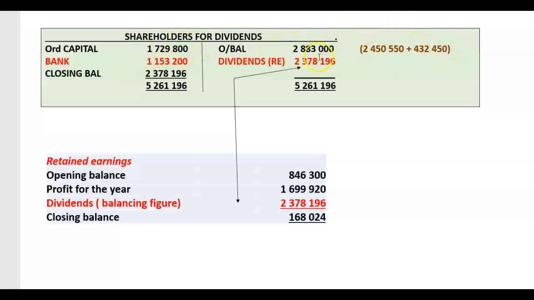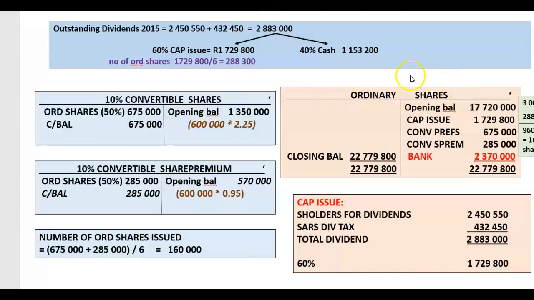So 60% of our opening balance, which consists of those two balances, was capitalized by way of ordinary capital. So I have debited my shareholders for dividends account with 1,729,800 and I credited my ordinary shares with 1,729,800.